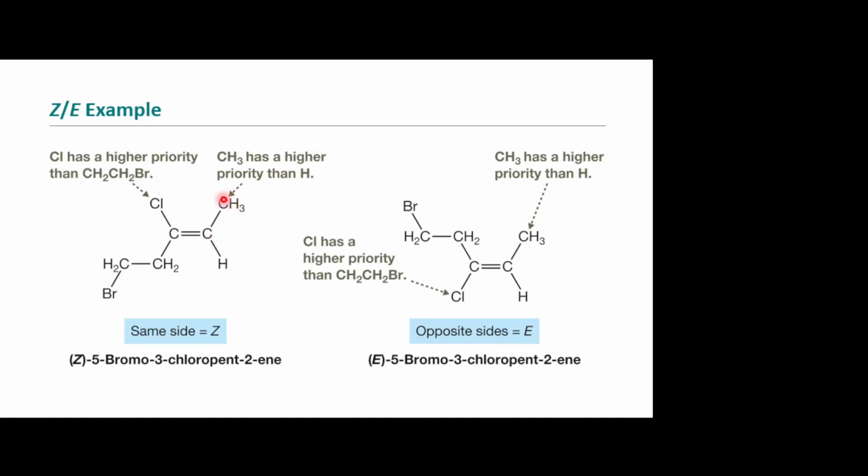If we were to compare like two CH groups, then we go down the list. Round robin. Okay, we look here. This is going to be the E because these two highest priority groups are on opposite sides. Anybody got that okay? And remember again, round robin.